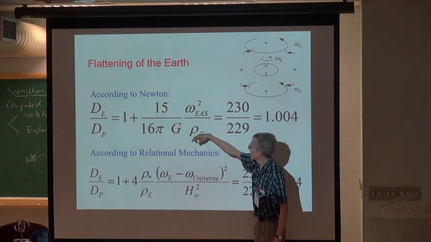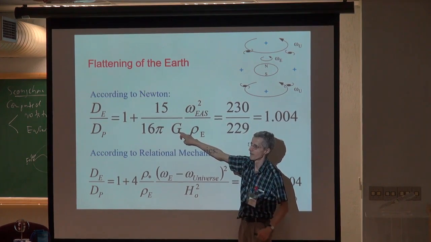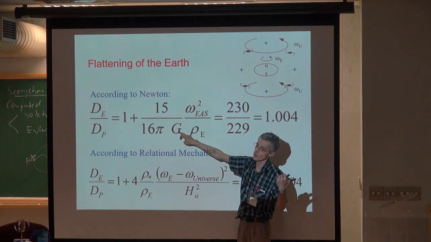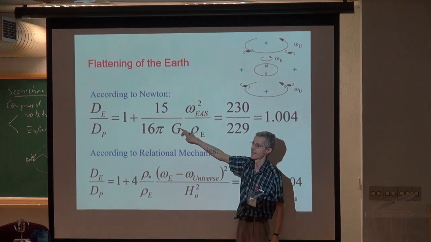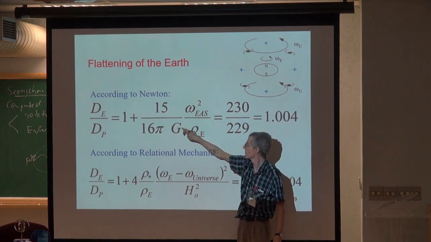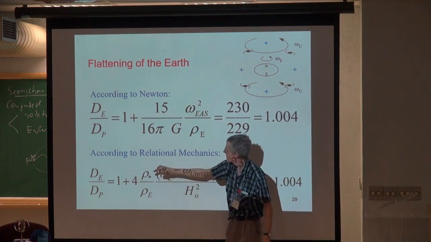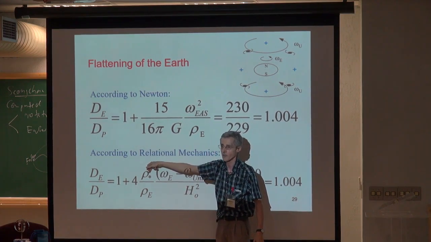In Newtonian mechanics, there appeared a capital G, the universal constant of gravitation. Remember that according to relational mechanics, this should depend on the mean density of matter in the universe and on Hubble's radius. When we plug in these values, the mean density of the matter of the universe appears in the numerator.